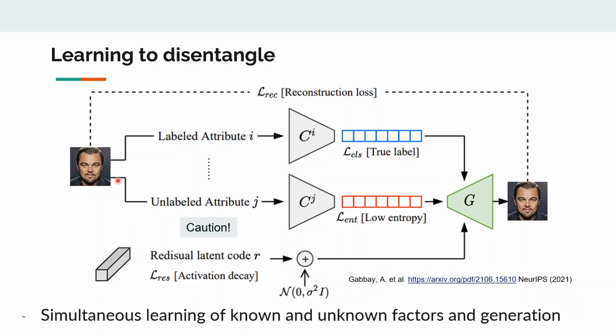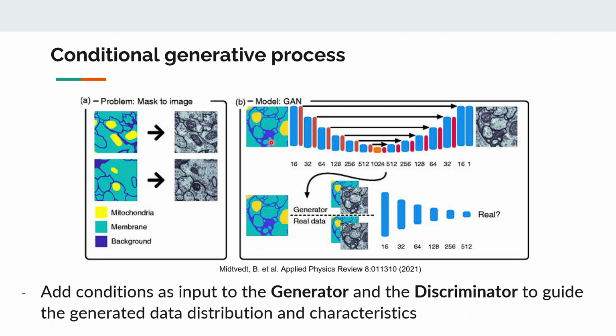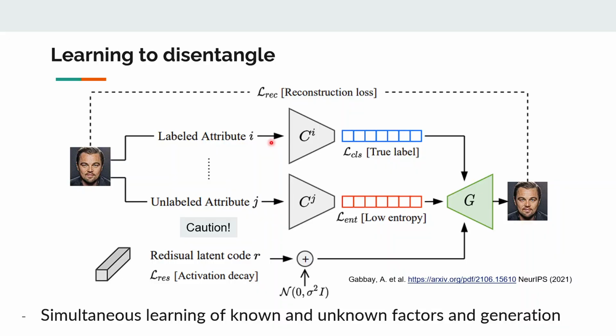Okay. Another cool idea that we can do is similar to debiasing. In debiasing, we want to remember some information and forget some information. People try to expand that model further, and it's one of the examples that we're going to see in biology. Sometimes you have many confounding factors. Some are known.